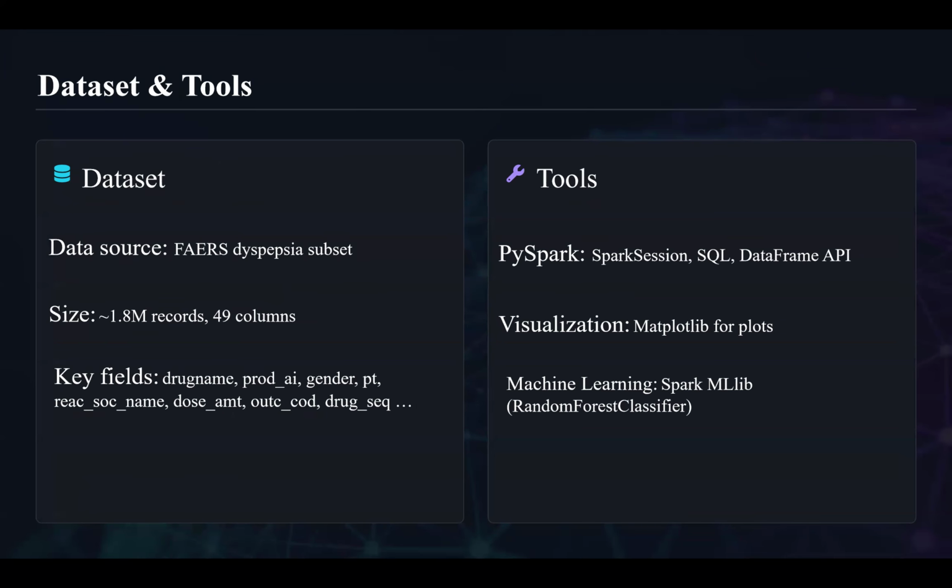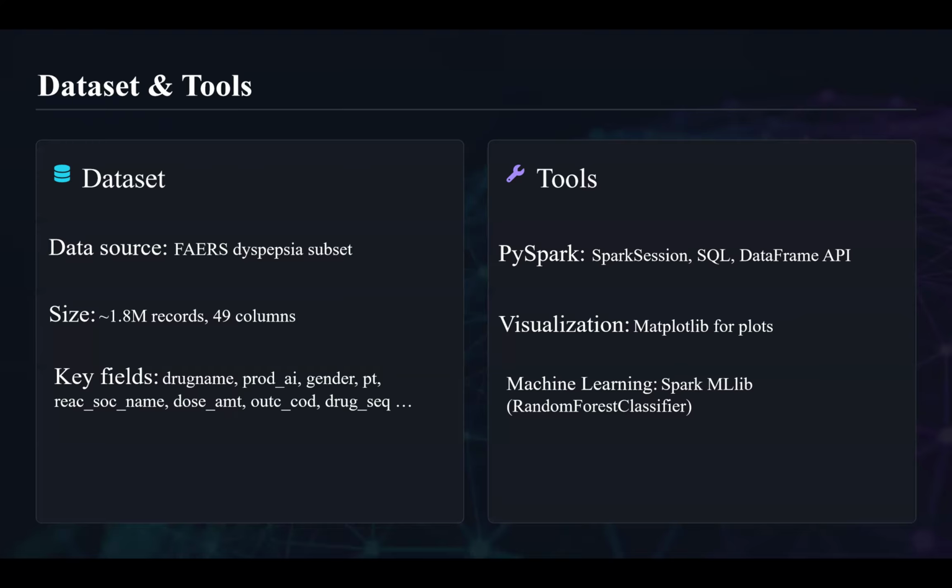Okay, now let me describe the dataset and how we proceeded. The reports include many standardized fields. A few important examples include the drug name, the reported drug, and the prod AI, which is the active ingredient, and PT, the reaction term, and the react short name, which is a broader organ system affected.